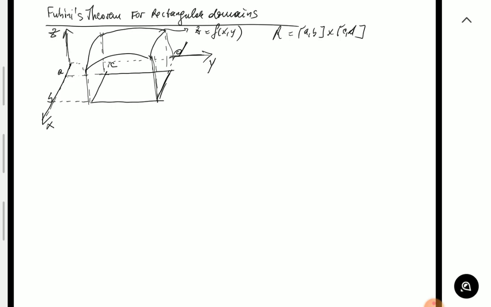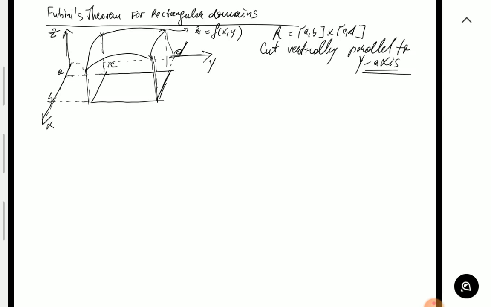For our case here, we're going to do the same thing, which we can, and I want to point out that the reason we can is because of this particular shape of the domain. If I cut it vertically with slices, let's say parallel to the y-axis, each slice can be represented by a function in the following way.